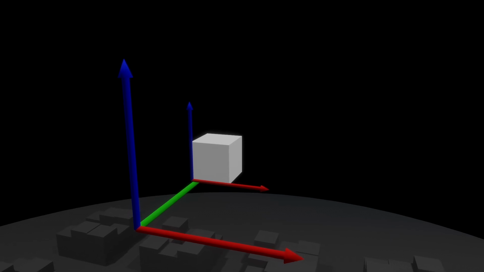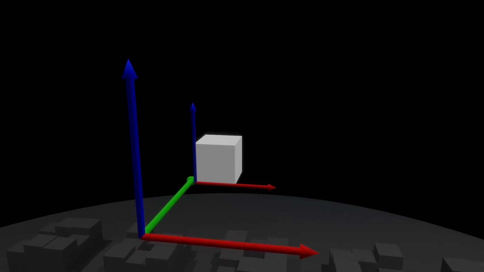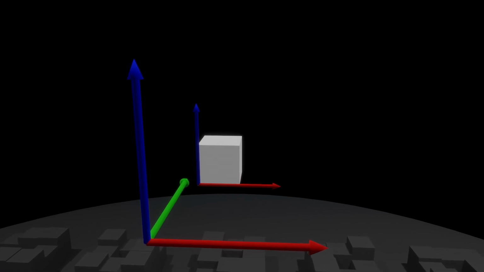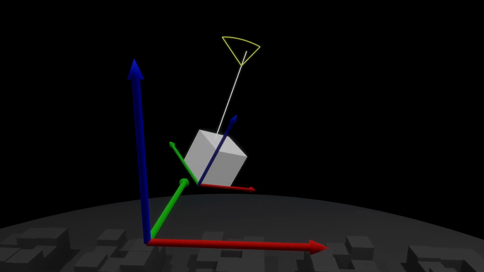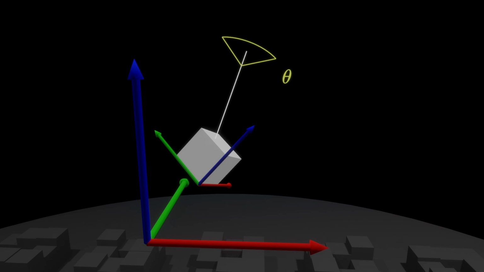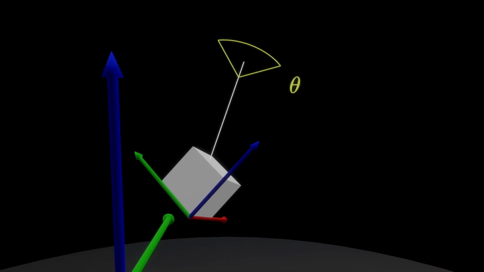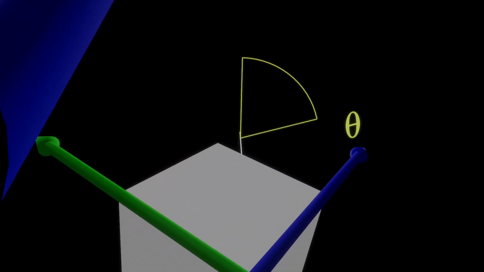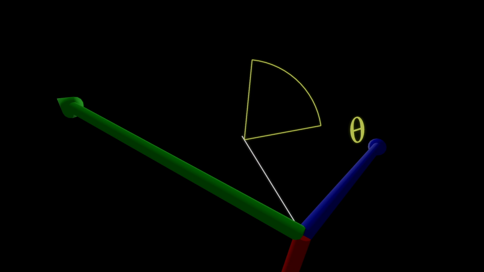Let's say we have a vector with a length of 1 and rotate the reference frame around it at angle theta. If we take a look from the vector's origin towards its end, clockwise rotation is positive and counterclockwise is negative.